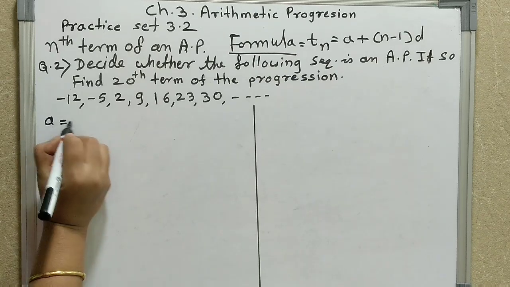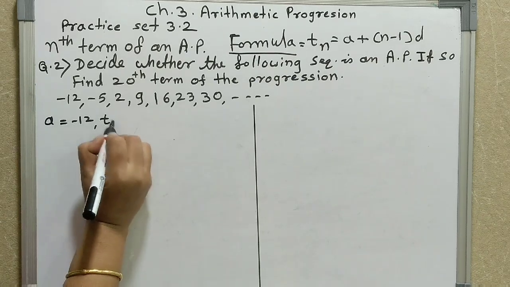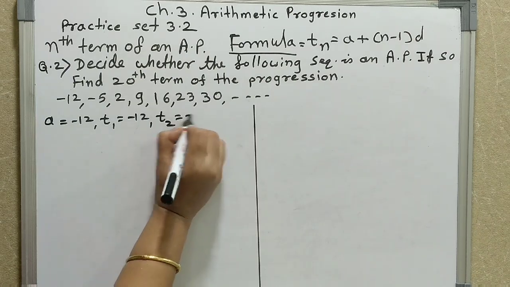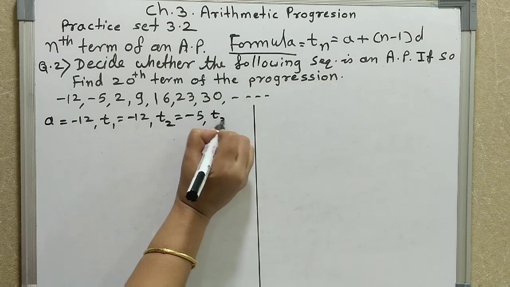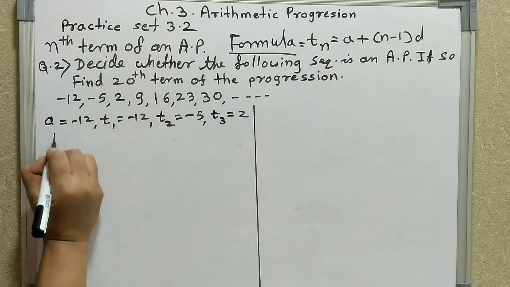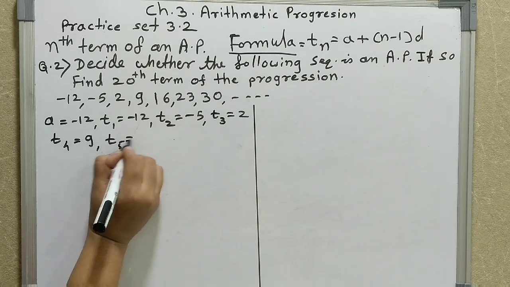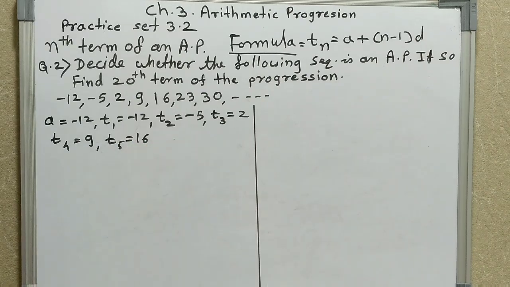So A is equal to minus 12, which means T1 is equal to minus 12, T2 is equal to minus 5, T3 is equal to 2, T4 is equal to 9, T5 is equal to 16, and so on.